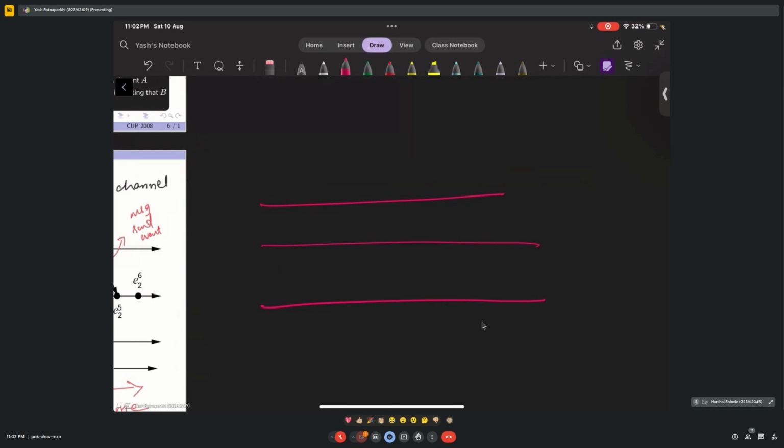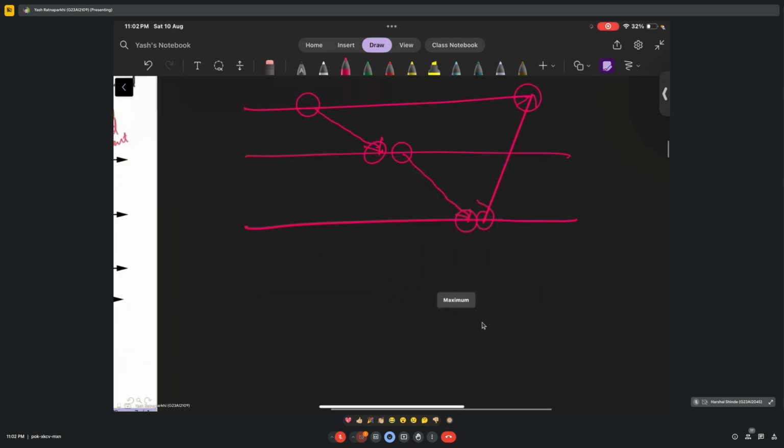If this is happening, and this is happening, then in this case it can be a transitive relationship. How? This is sending the message to this, and this is sending the message to this, and this is valid.